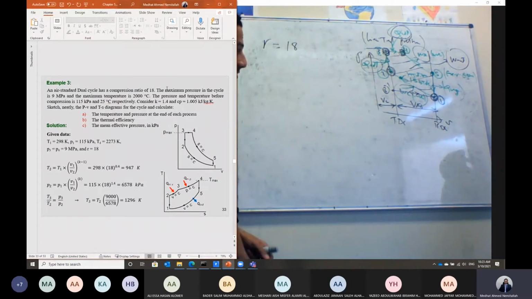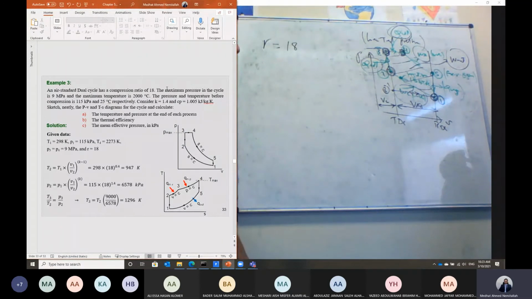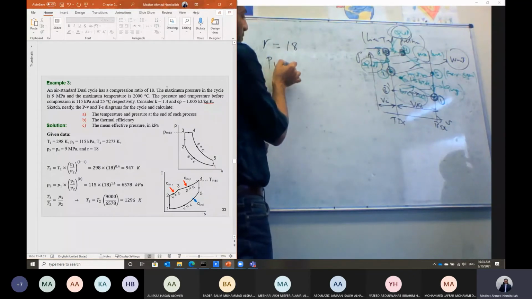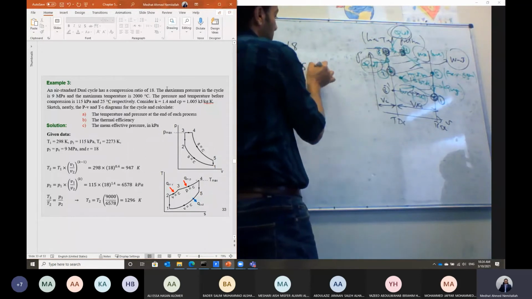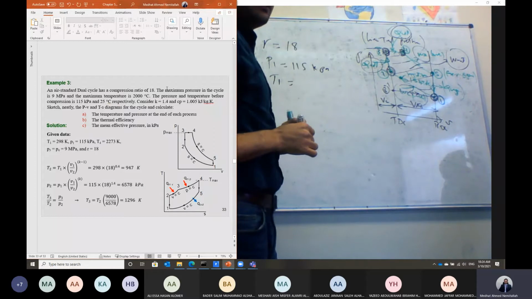So if we have turbocharged engines, the pressure at point 1 should be higher than the pressure in the intake manifold. Here in this problem, the pressure at point 1 at the beginning of the compression stroke is equal to 115 kilopascal. Temperature is equal to 25.